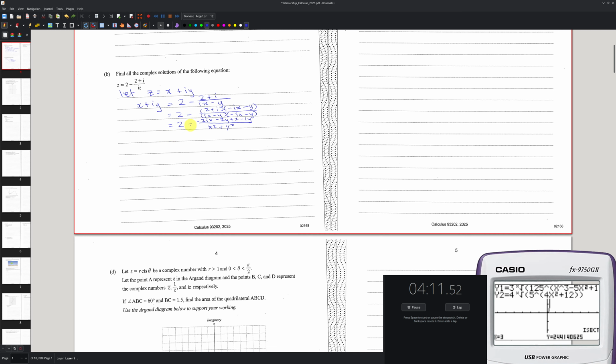So x plus iy times x squared plus y squared is equal to 2x squared plus 2y squared plus 2ix plus 2y minus x plus iy. Okay, I think this is correct.